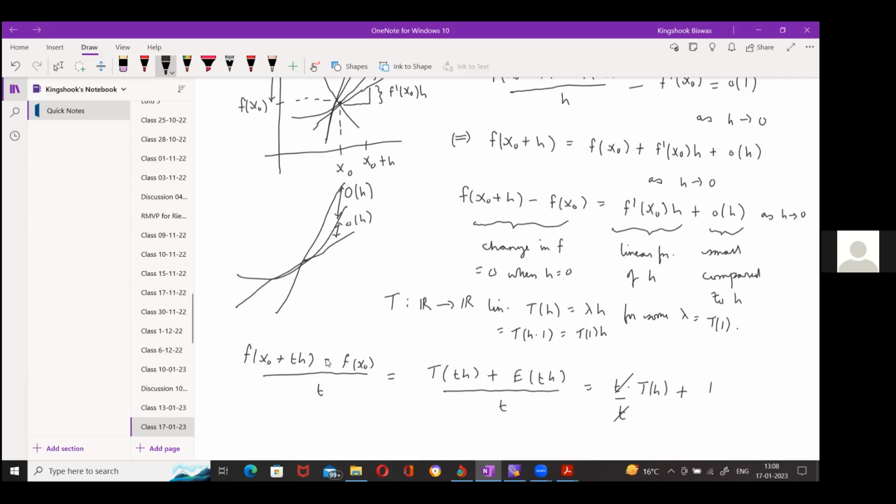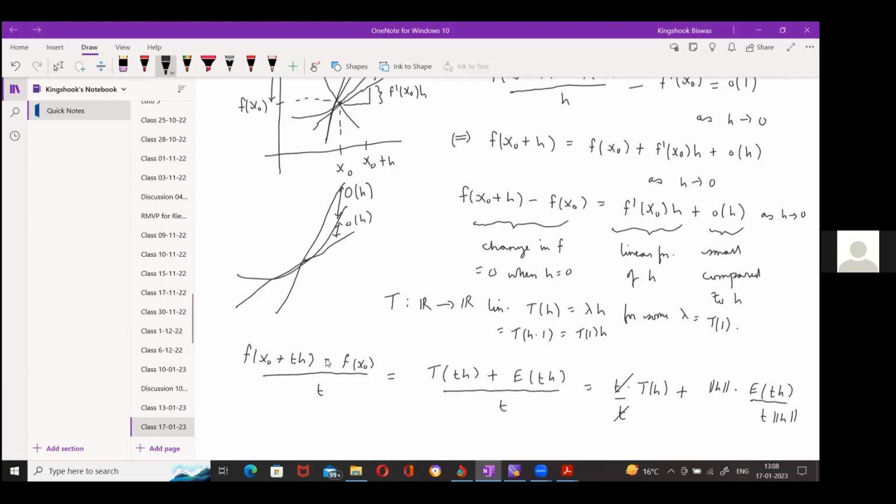So let me write the error term as norm h times e of th divided by t norm h. If the vector h is 0, then this is of course identically 0. There's nothing to prove; the limit is just 0. If h is non-zero, then I can write it like this.